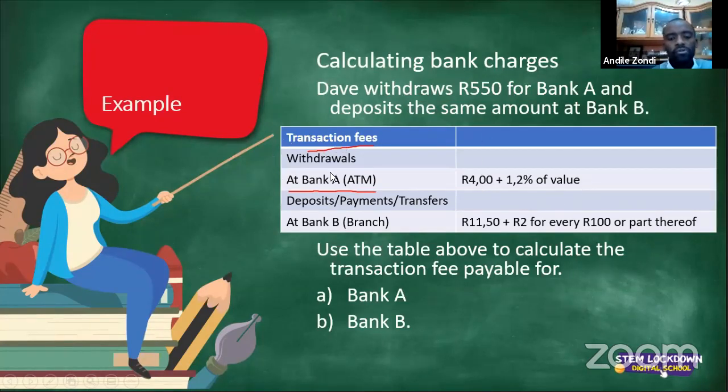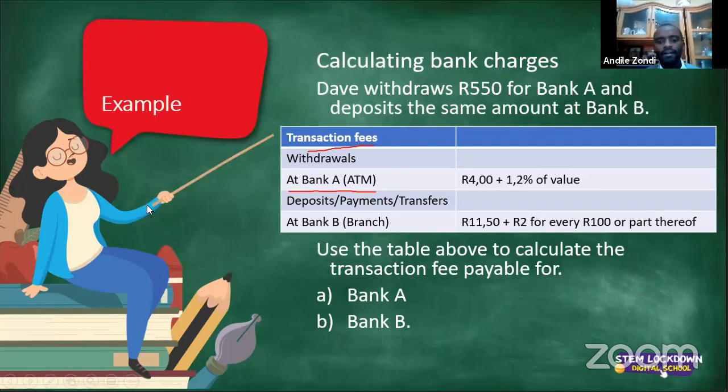This table shows me withdrawal fees for withdrawing at the ATM for bank A, and it also shows me transaction fees for depositing at bank B. So Dave withdrew at bank A and deposited at bank B.